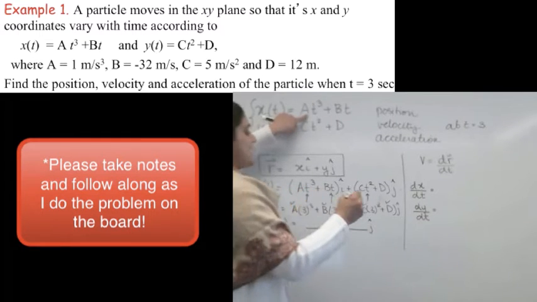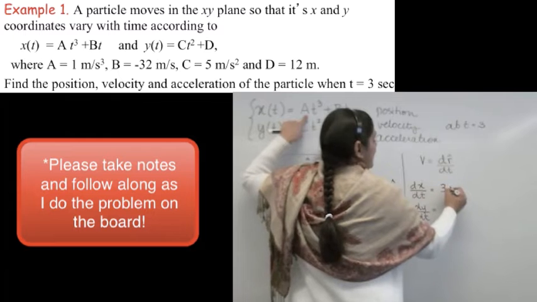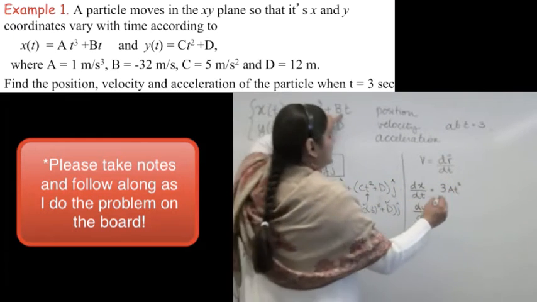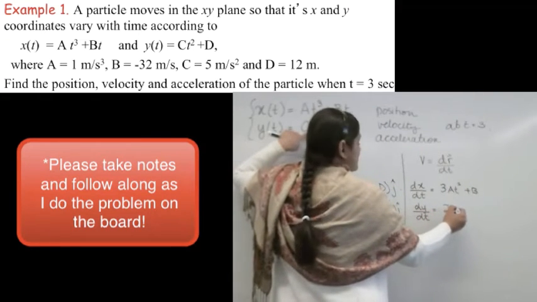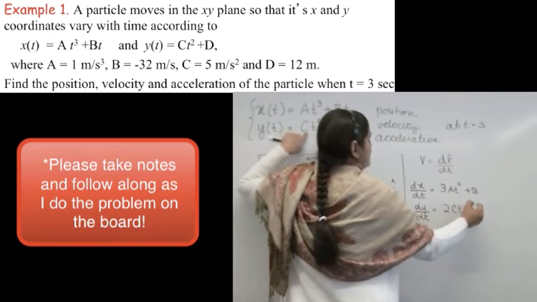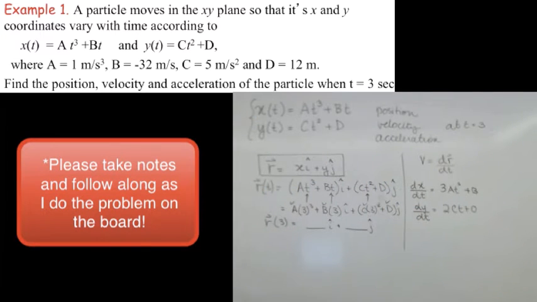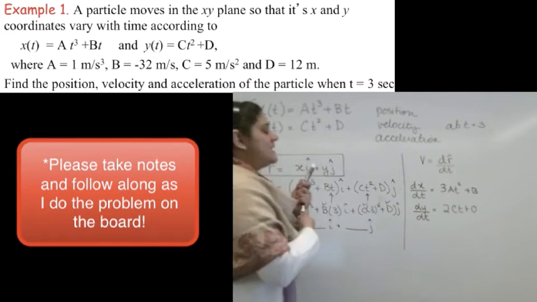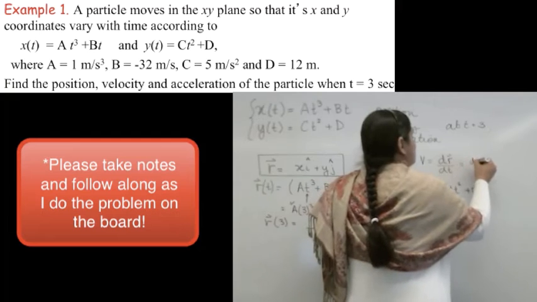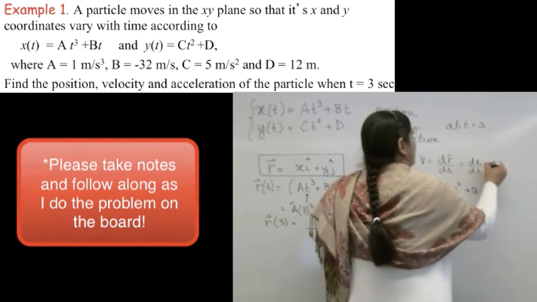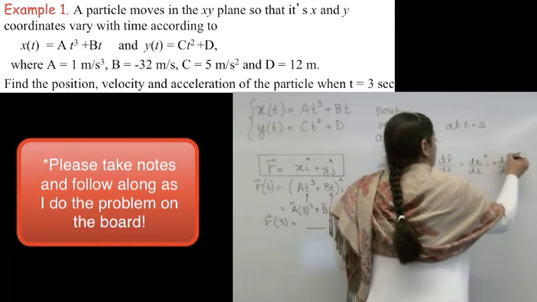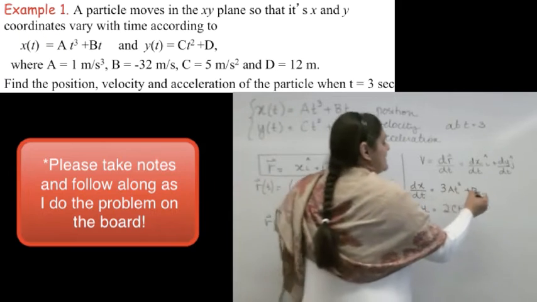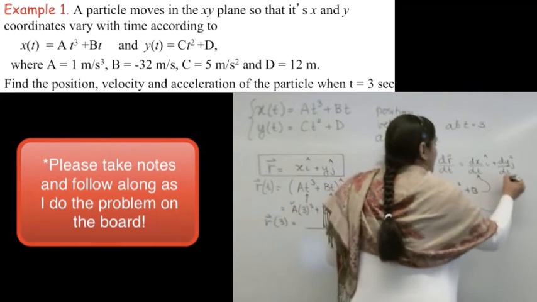If I take the derivative with respect to t, I will get 3at squared plus b, and I will get 2ct plus 0. So I took the derivative of x and y, and this is my answer. My velocity is now going to be rewritten as dx over dt i plus dy over dt j. Then I can plug these values in.